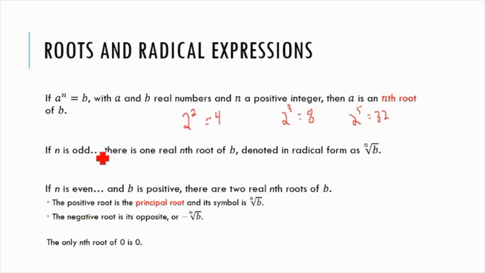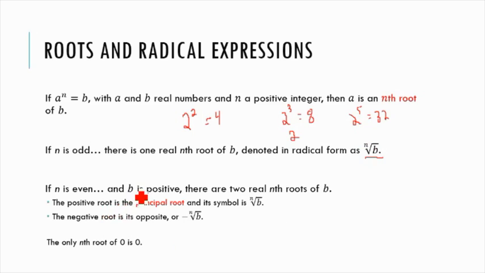If n is odd, there is one real nth root of b, denoted in the radical form as the nth root of b. That's how you say that, the nth root of b. So if n is odd, like 2 to the third, that means 2 is the only real root of 8. 2 is the only fifth root of 32.